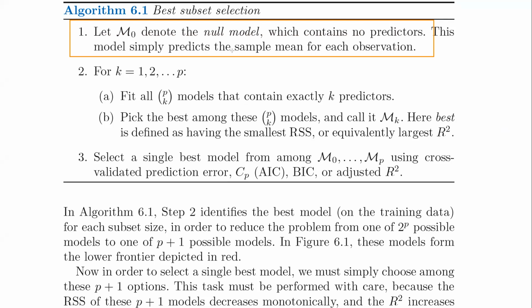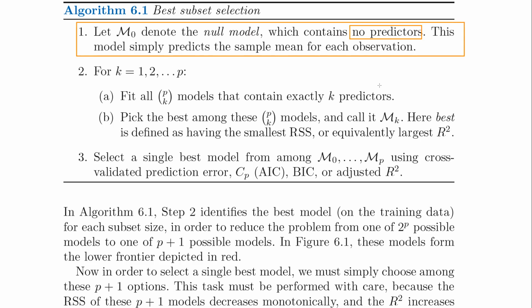Let M naught denote the null model which contains no predictors. This model simply predicts the sample mean for each observation. Sample mean for each observation. I'm not entirely sure I know what that means.